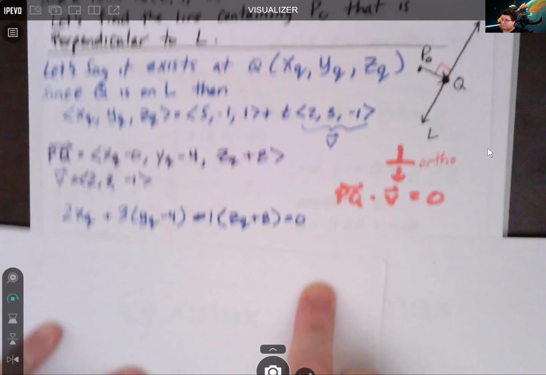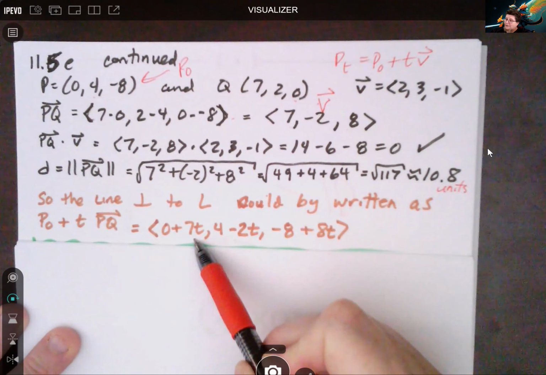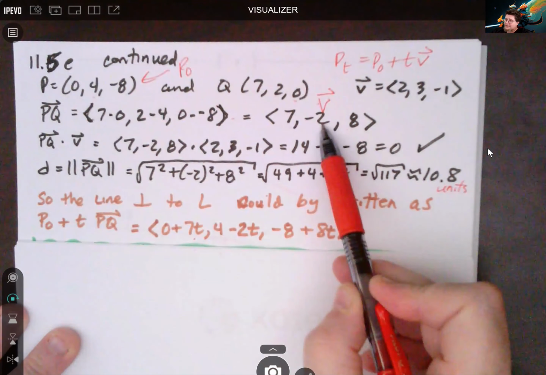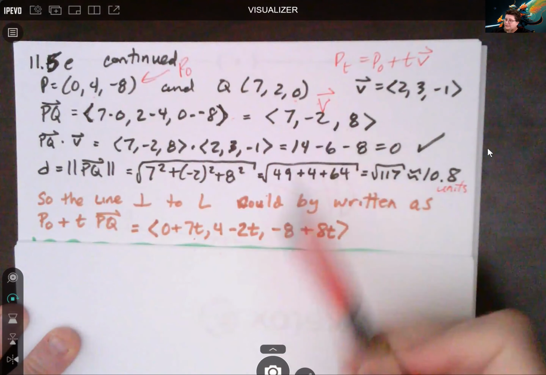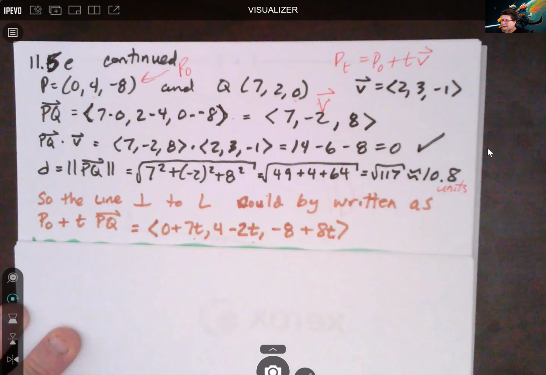So let's do that. Remember, we're multiplying T times everything in our V vector. So 0 plus 7T, 4 minus 2T, and negative 8 plus 8T. So that's that line written in terms of parametric equations.